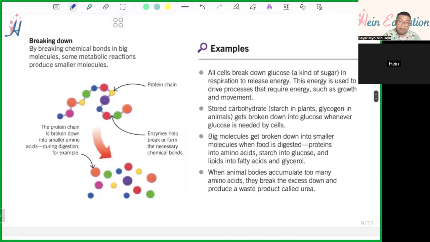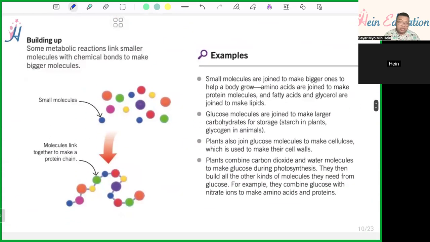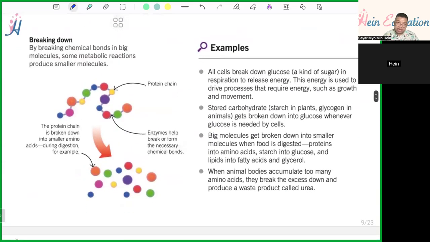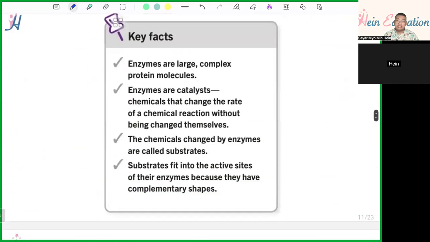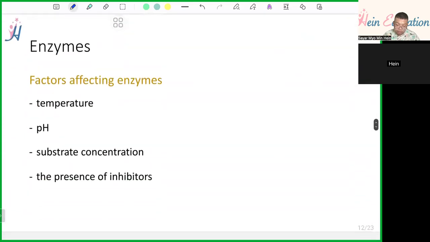These are examples that you can read through of what is available in the body. This is the anabolic and this is the catabolic reaction. We can also say catabolism and anabolism, it's the same thing. And this is the key summary about the enzymes that we have gone through so far.